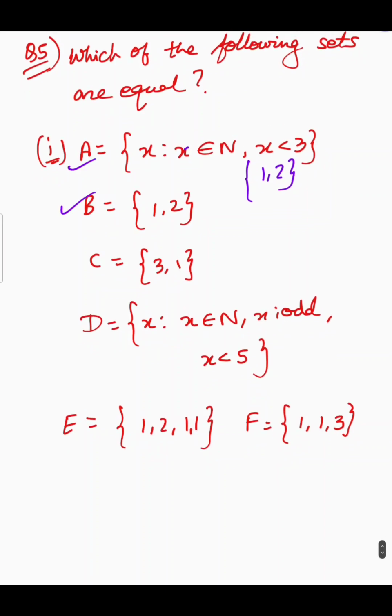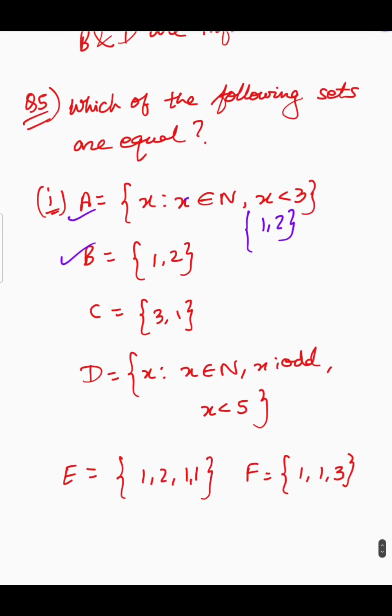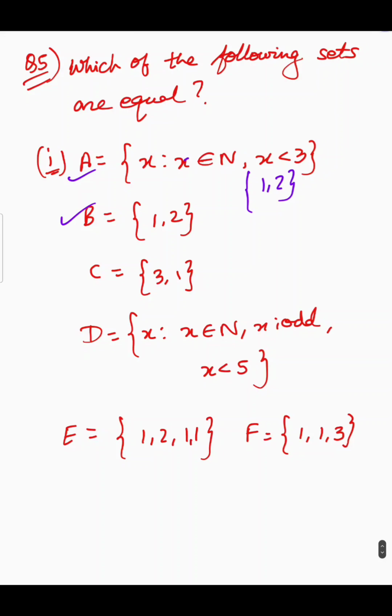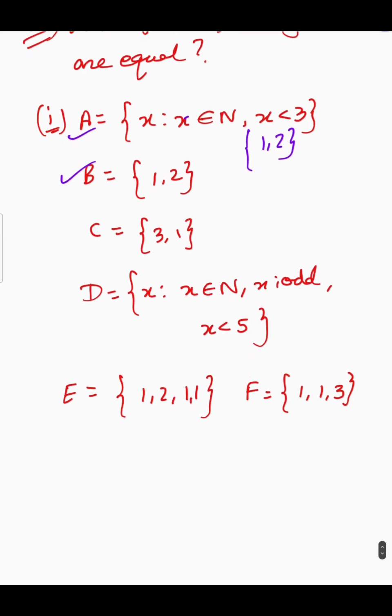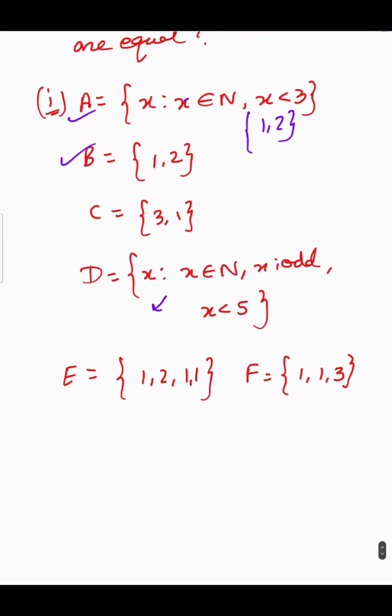So A and B are equal. Now x is odd, less than 5, and x is a natural number, that means {1, 3}, that's it. Less than 5, not less than or equal to 5.